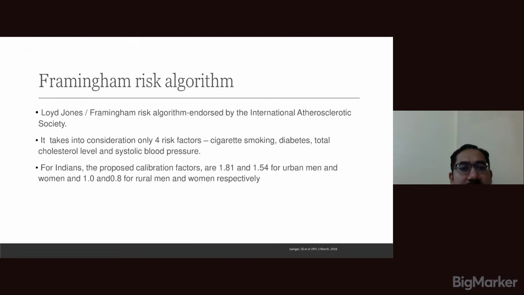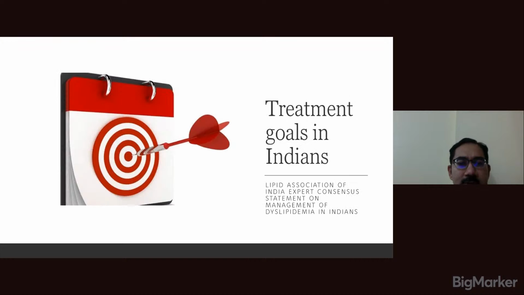Another risk calculating score is the Framingham risk algorithm, which was endorsed by the International Atherosclerosis Society and is more applicable to the Western population as compared to the Indian population, as it falsely calculates lower risk in Indian setups. It takes into consideration only four risk factors: cigarette smoking, diabetes, total cholesterol level, and systolic blood pressure. So it is not that good for the Indian population as compared to the earlier scoring system.